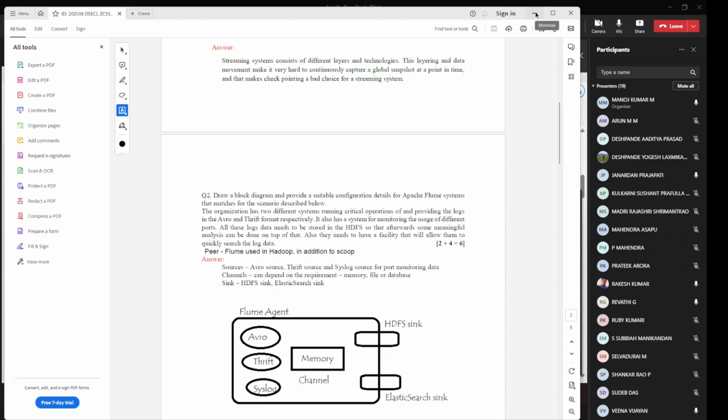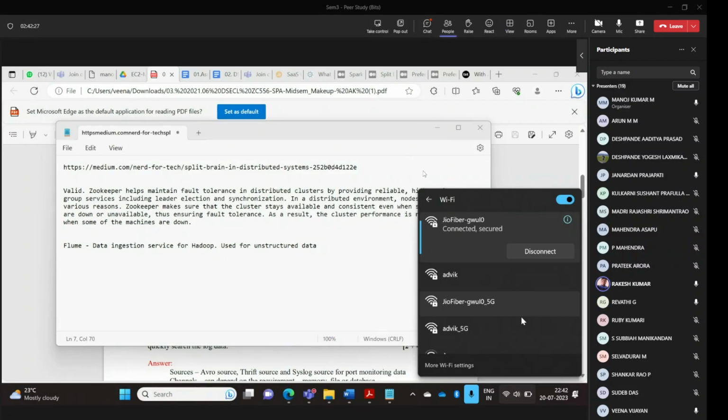Kafka, people say it's stream processing, but it can do batch processing also, but it's very bad at batch processing. It's the best in the market for real-time streaming. Okay, so Flume, and we compare it with Scoop, right?